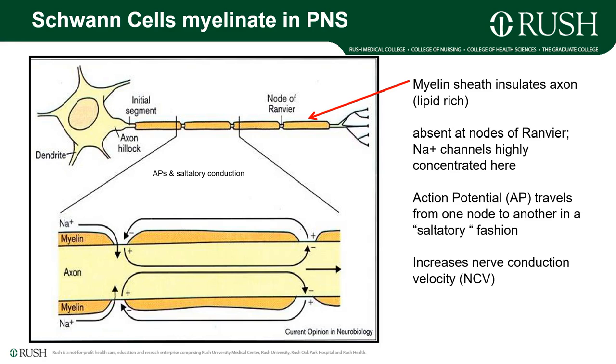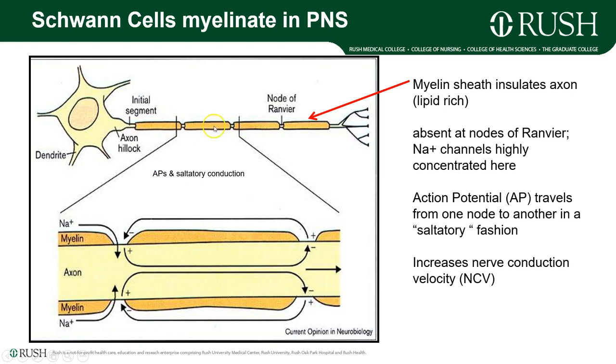So how does myelination help in this nervous system? In this case, you're looking at a cell body with dendrite and axon, with myelination from each Schwann cell shown in this particular segment.